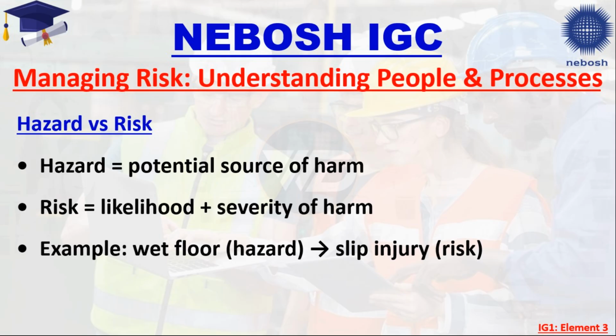It has the potential to cause harm. The risk would be the chance that someone will actually slip on it and how serious the injury might be. Distinguishing between hazard and risk is important because we control risks, not hazards themselves. We reduce the likelihood and severity, but the hazard may still exist.